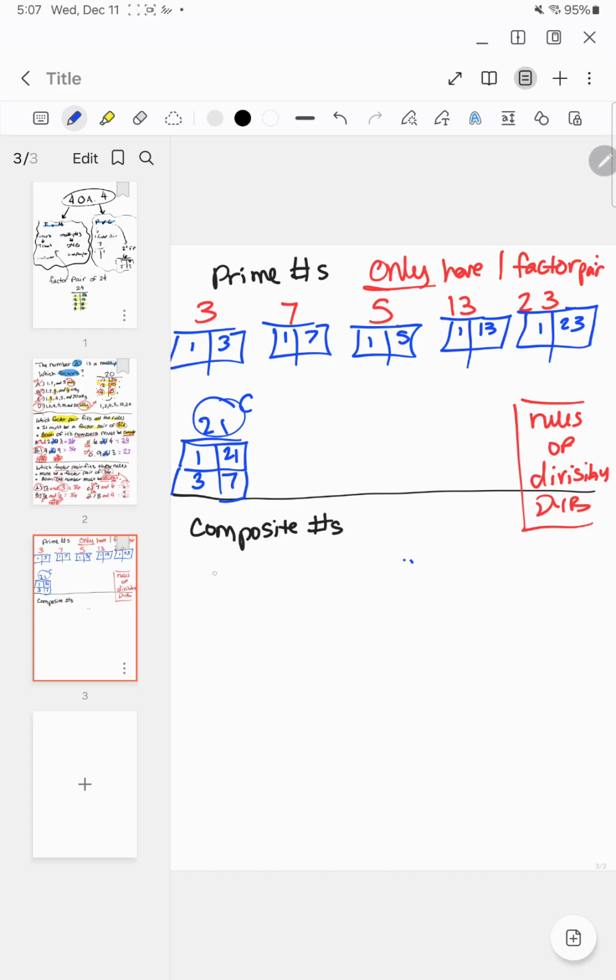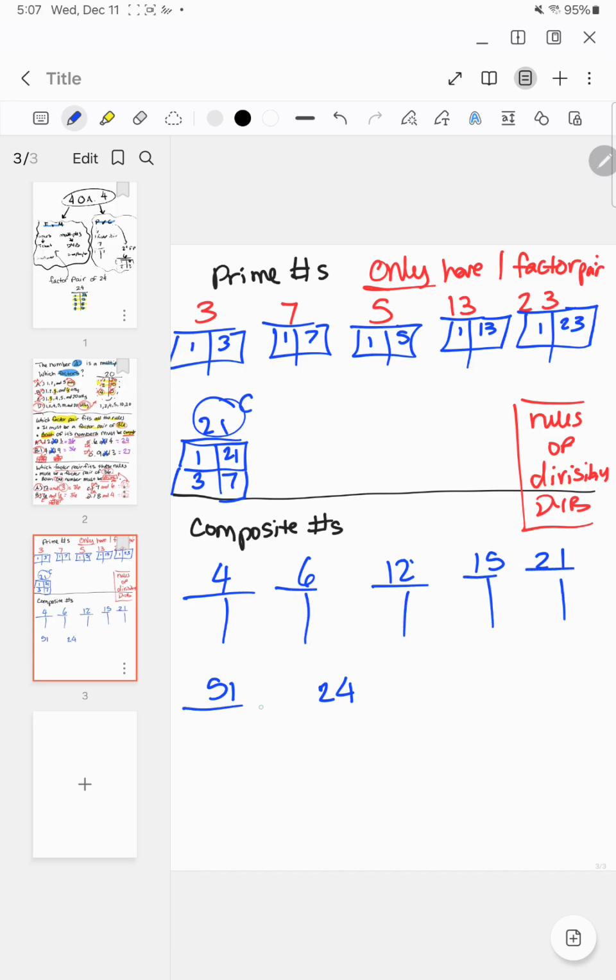With that being said, there are some common numbers, and I'll show you guys how composite numbers work, and some people don't know 51. 51 is a composite number.